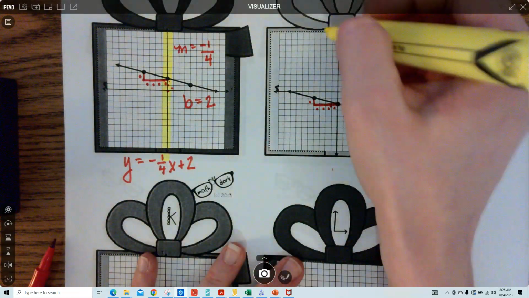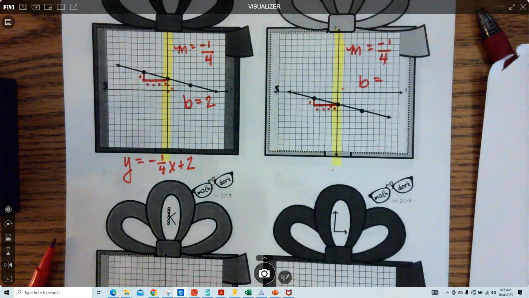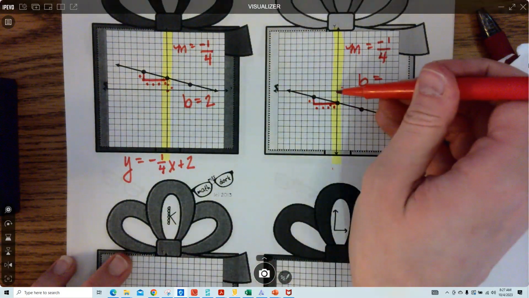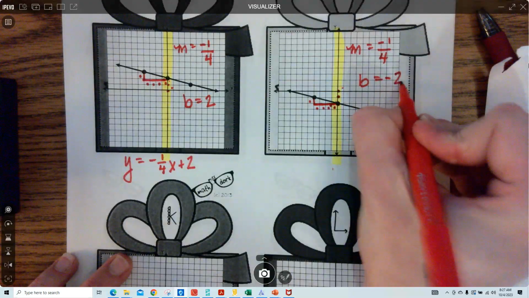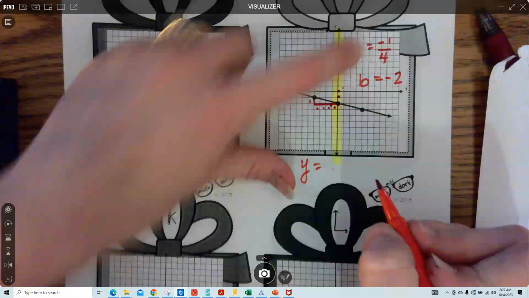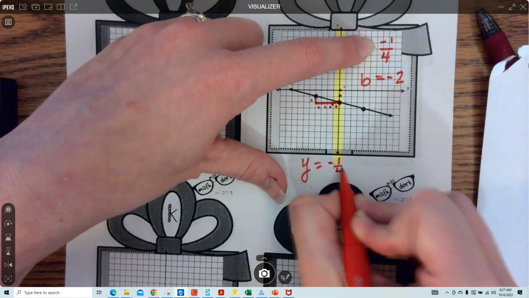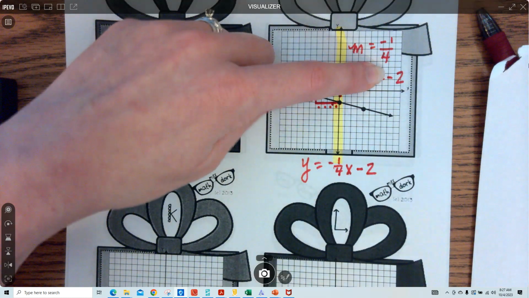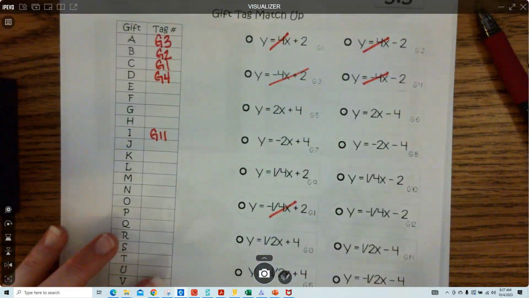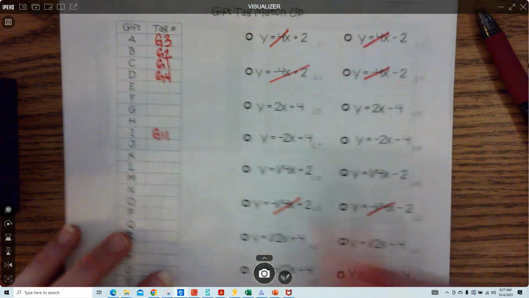Y-intercept. So if I start at the origin, going down 1, 2, so -2. Slope comes first, tack on the x, then the y-intercept. So that one is G12.